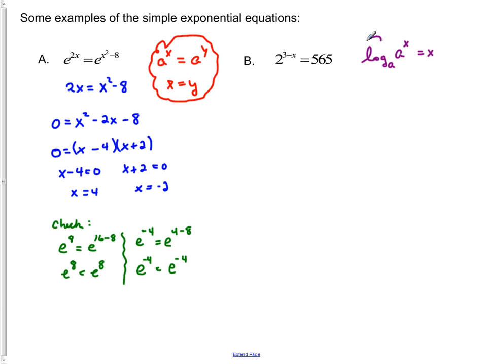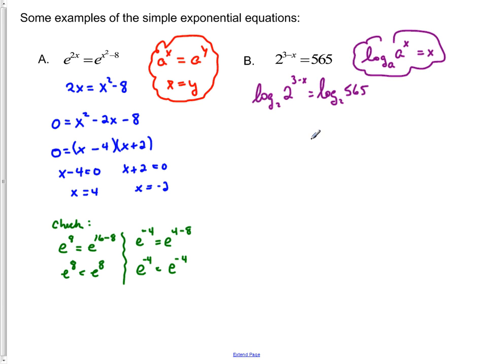So we're going to take advantage of this property and rewrite our expression here. We're going to find that if we take the logarithm base 2 of 2 to the quantity 3 minus x, it will be the same as if we take the logarithm base 2 of the quantity 565 on the right.